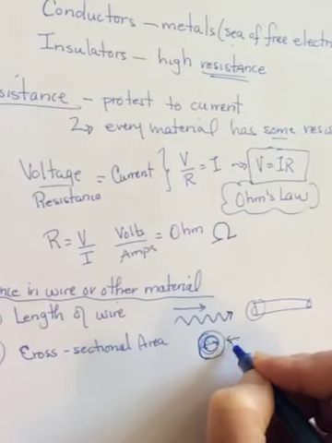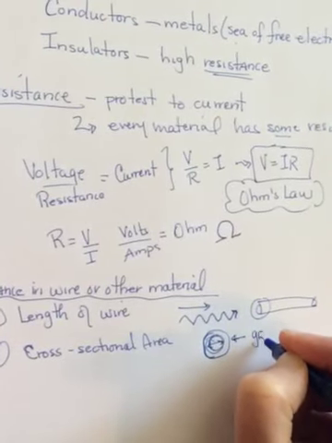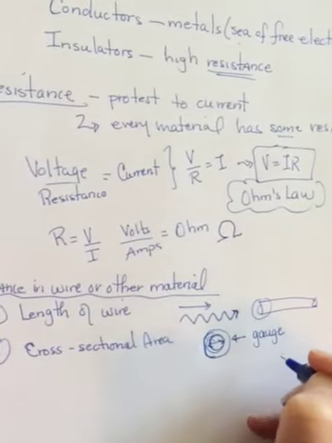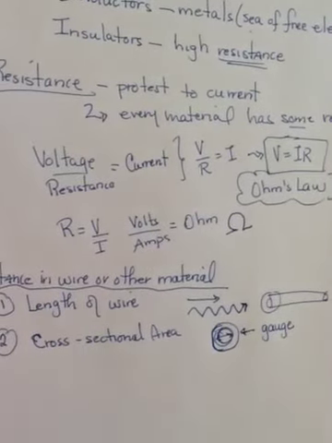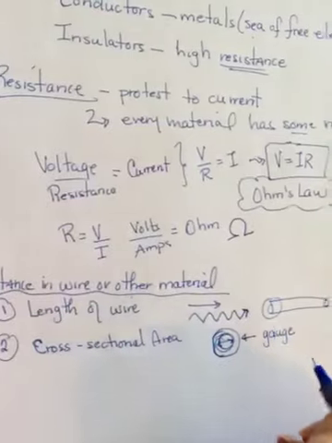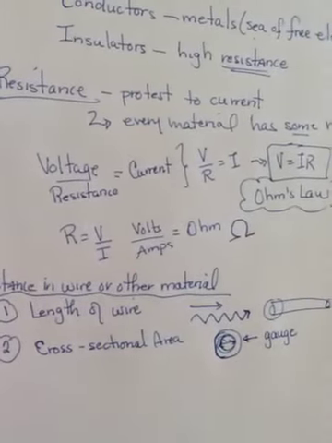Now, when you go to buy wire, there's something called the gauge of the wire, and they'll ask, what gauge do you want? It's connected to the cross-sectional area.